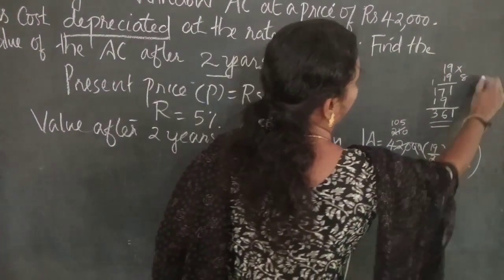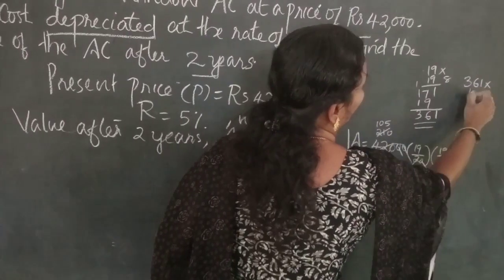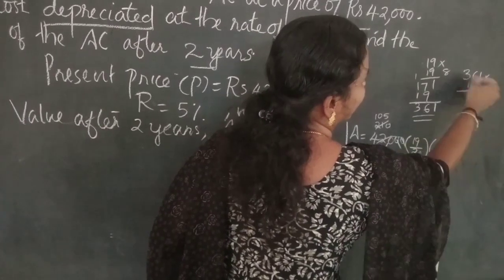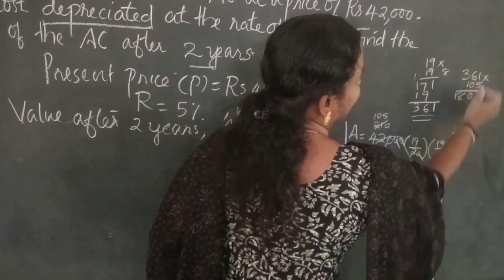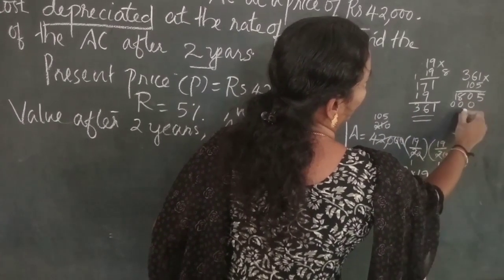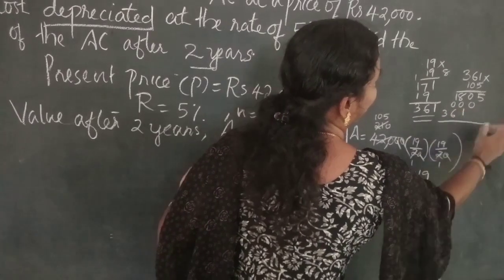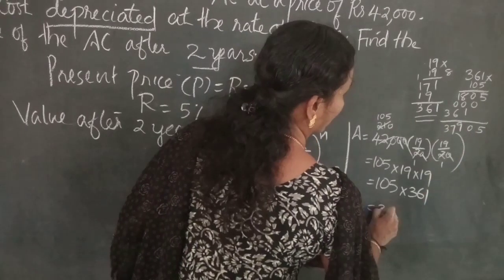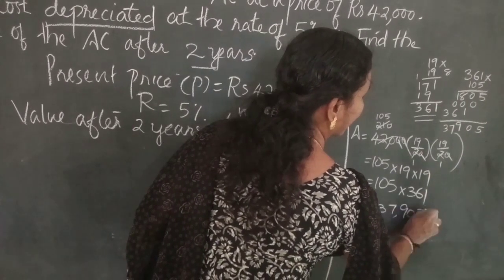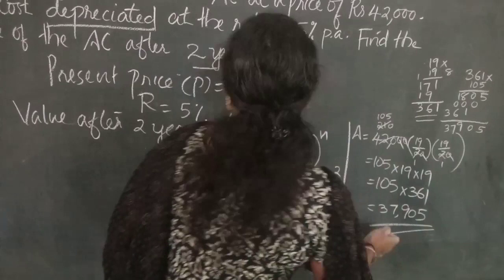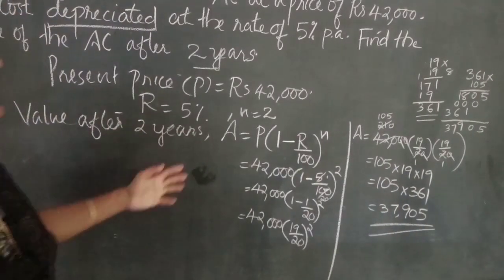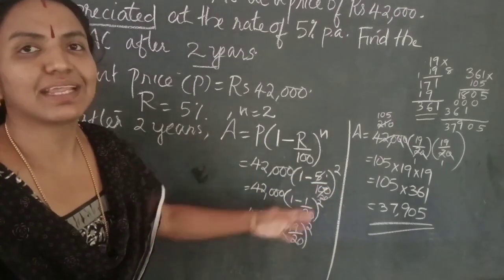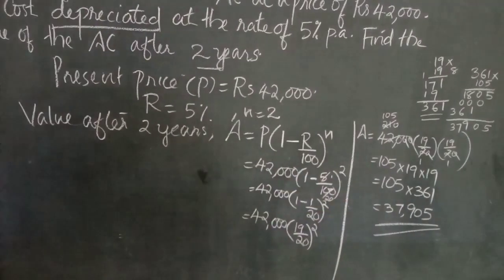Again, multiply 361 into 105. 5, 5, 6 are 30, balance 3, 15 plus 3, 18. 0 any number is 0. 1, 6, 3. And 5, 0, 9, 7, 3. So 37,905. So the value of the AC after 2 years is equal to 37,905.